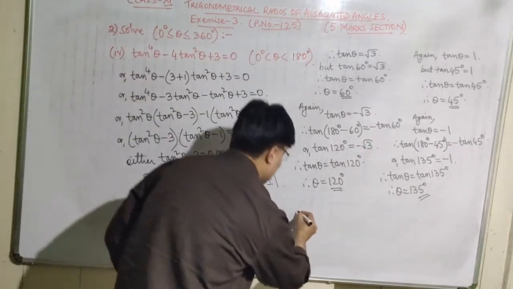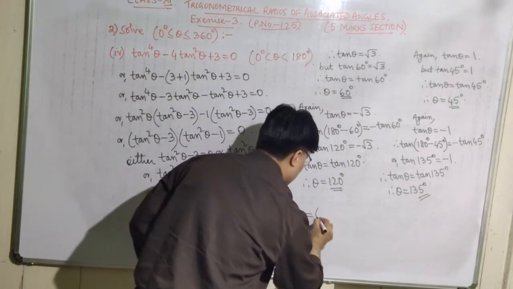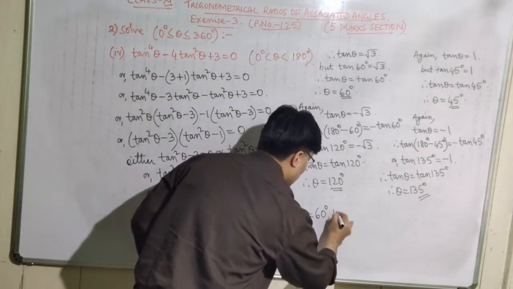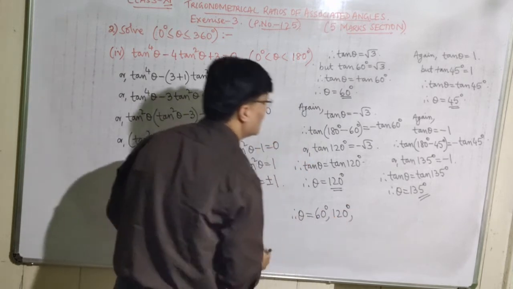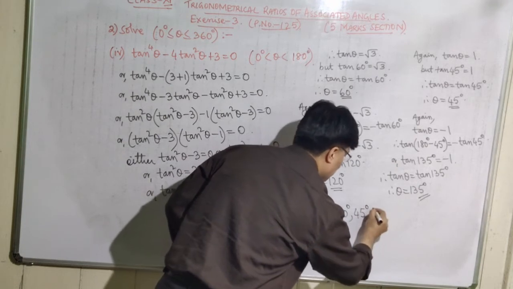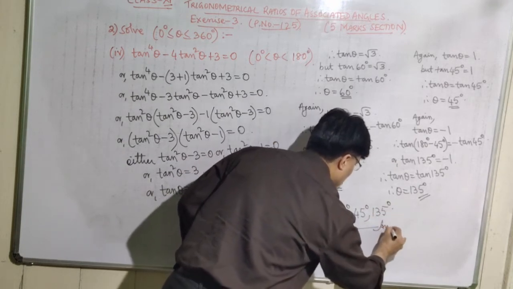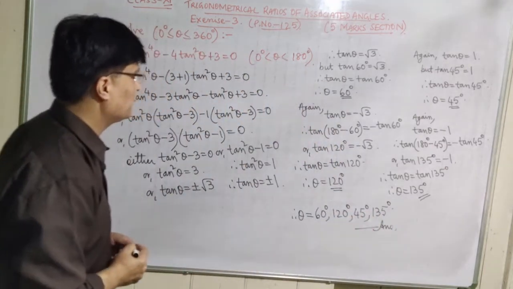So let us write down the answers here now. So theta is equal to 60 degree first, then comes 120 degree, then comes 45 degree, then comes 135 degree. So these are the answers.